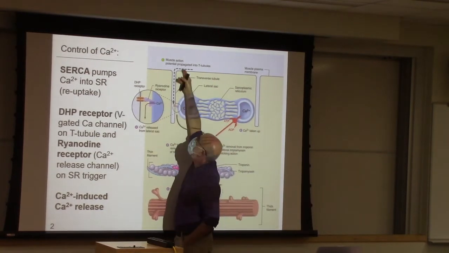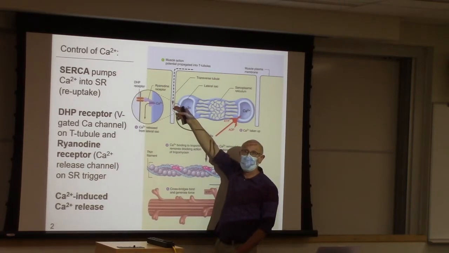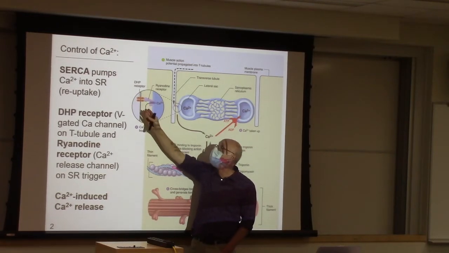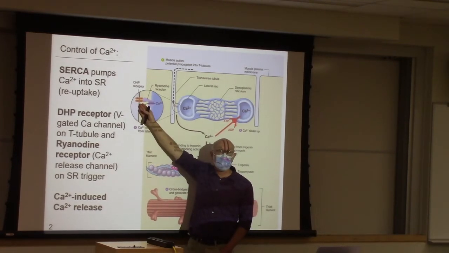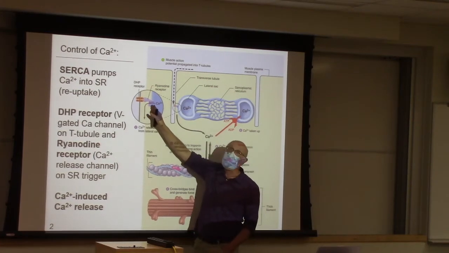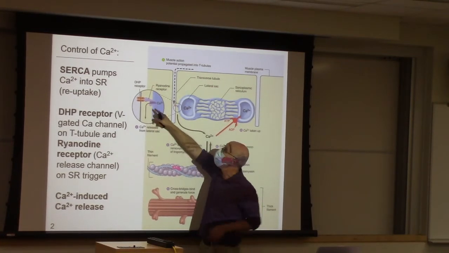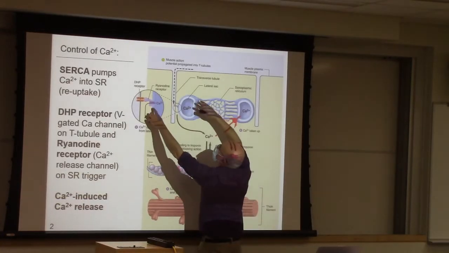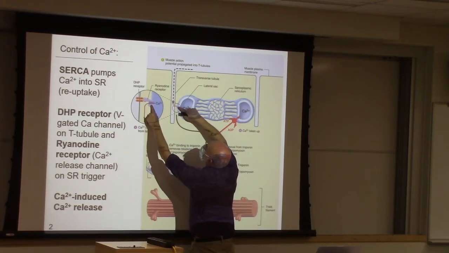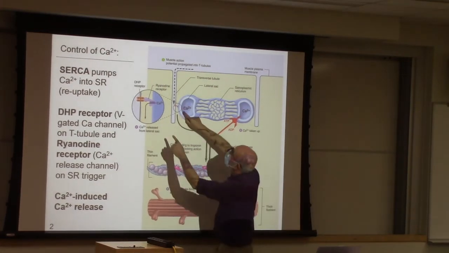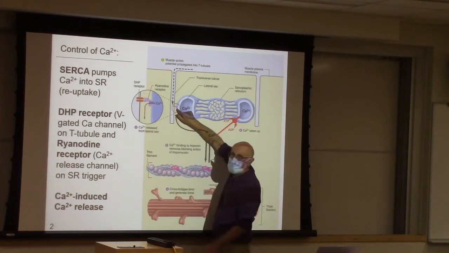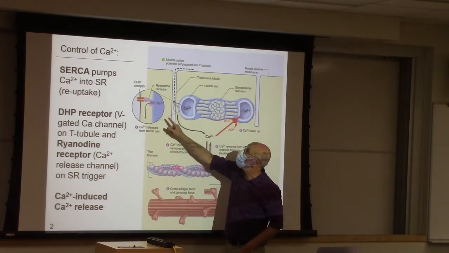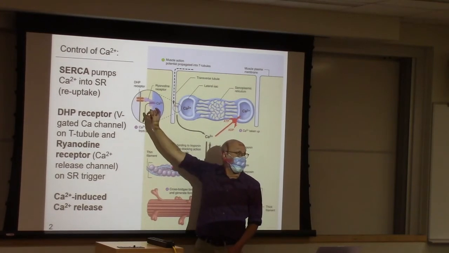It responds to the action potential that propagates into the T-tubule, and undergoes a conformational change. In skeletal muscle, this protein undergoes a conformational change. That conformational change is communicated to another protein that is embedded in the SR membrane. The SR membrane and the T-tubule membrane come very close together, sort of a molecular distance apart from each other.